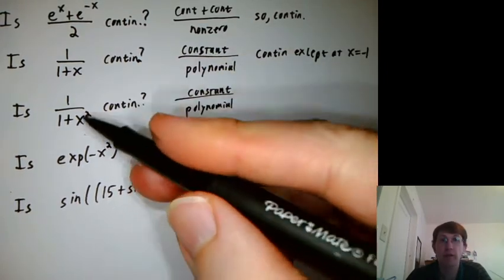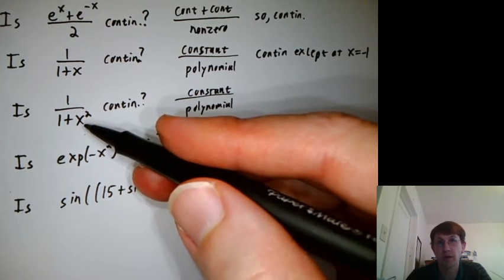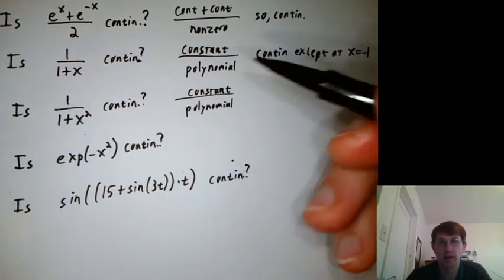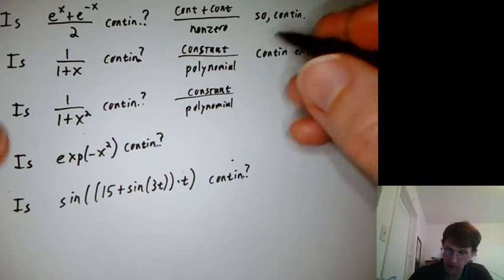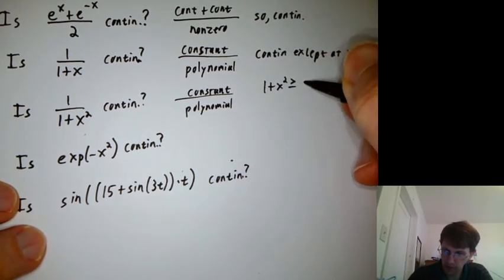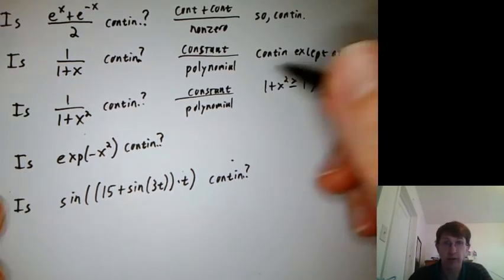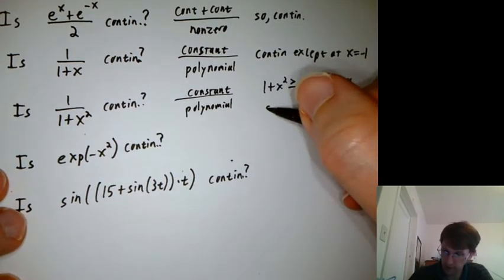But the polynomial can never be 0, because x squared is always positive or 0. Add 1 to that, you're always going to be at 1 or above. So 1 plus x squared is always bigger than 1, never 0. So this function is always continuous.